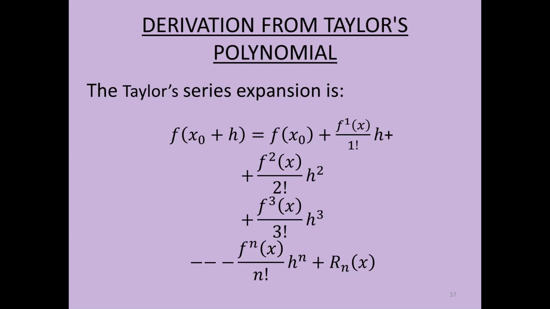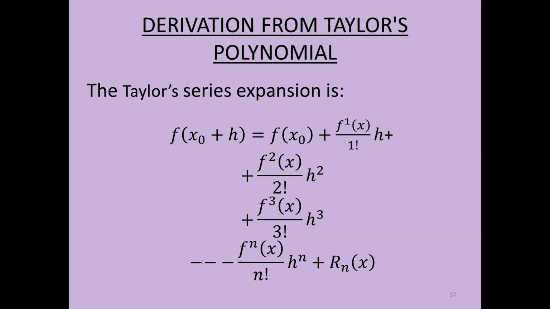Also notice that there is a last term on the right given by Rn. This happens to be the residual, also known as the error, and depends upon the number of terms which have been taken in the Taylor series expansion. This Rn is going to play a crucial factor in the solution obtained by FDM, depending upon the number of terms which you are going to take in the Taylor series expansion.